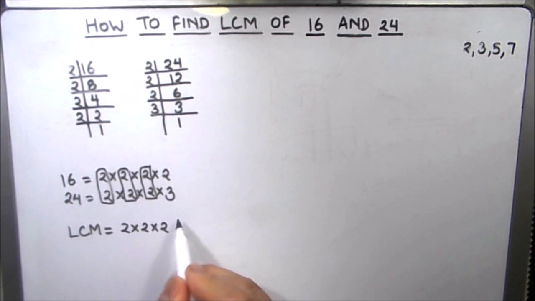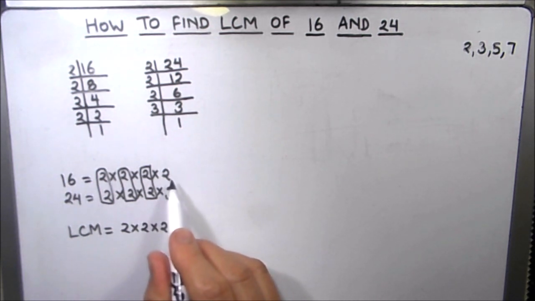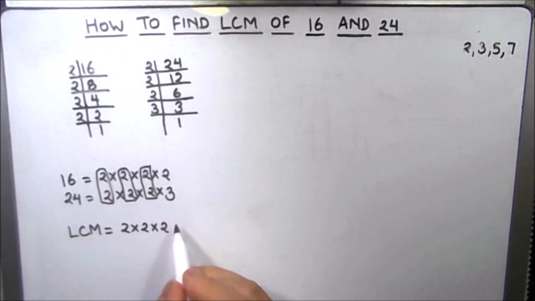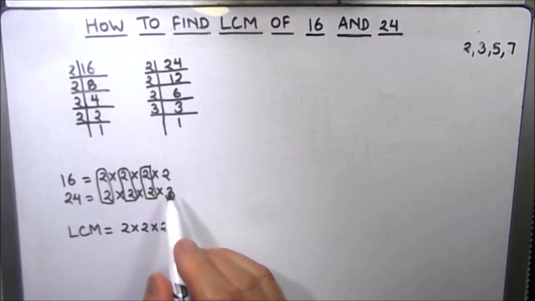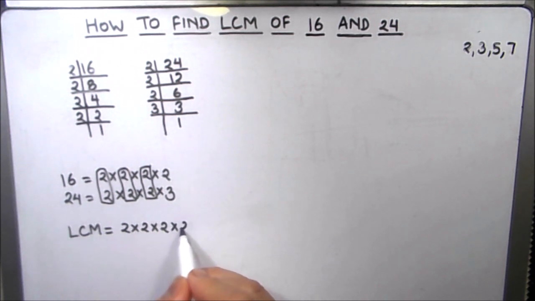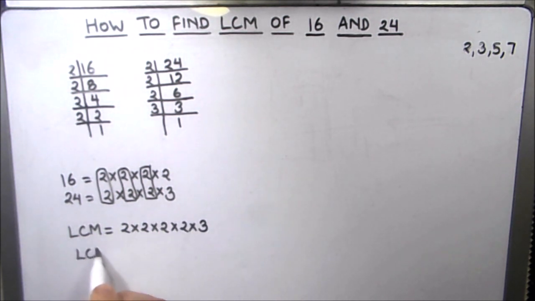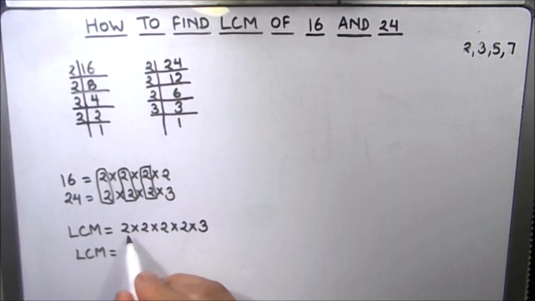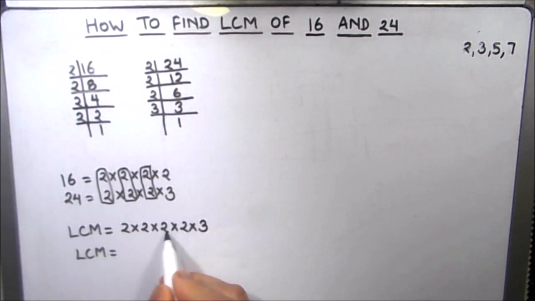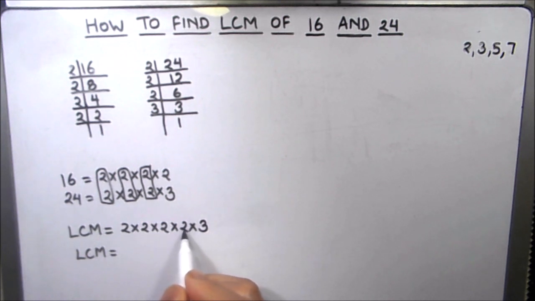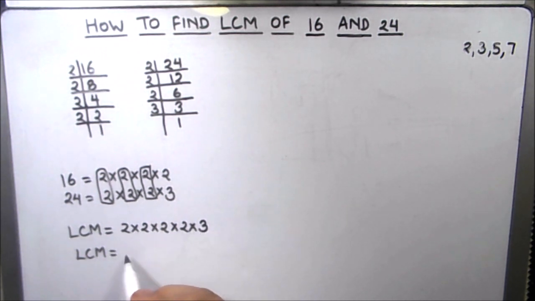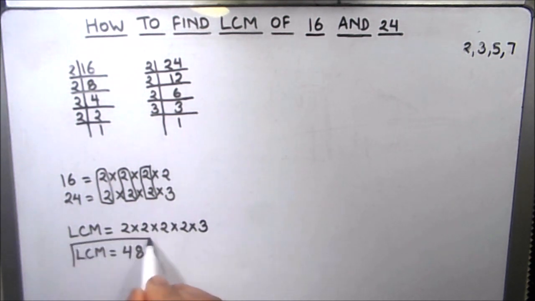And then we are going to multiply it by the factors which are not common. The leftover factors are 2 and 3. So the LCM will become 2 times 2 is 4, 4 times 2 is 8, 8 times 2 is 16, and 16 times 3 is 48. So the LCM is now 48.